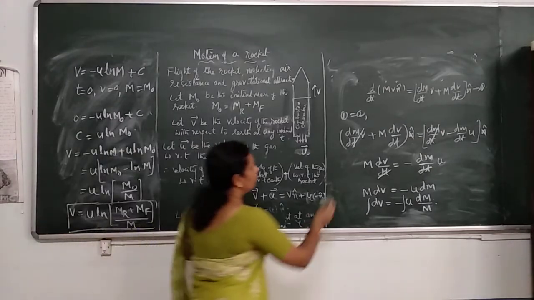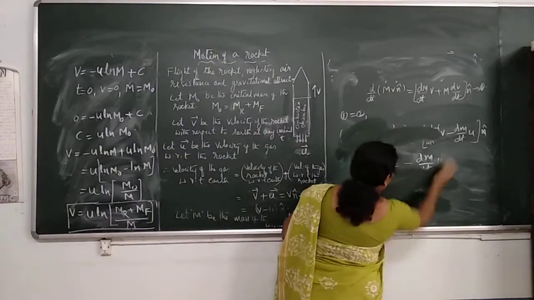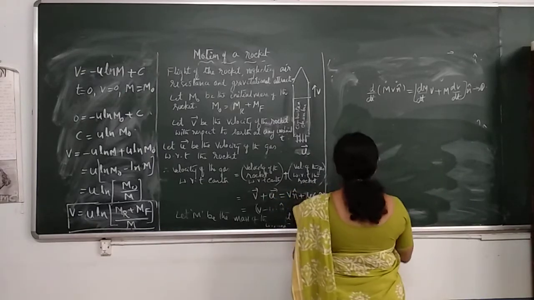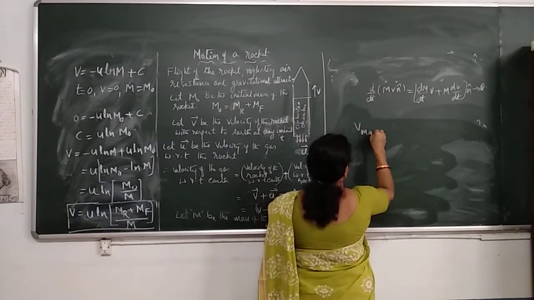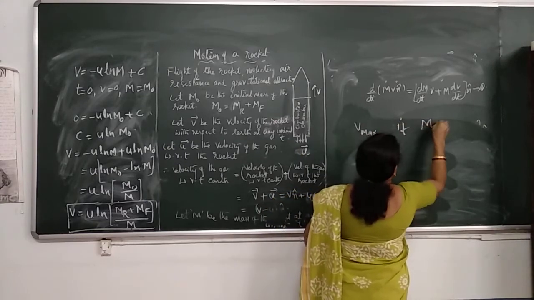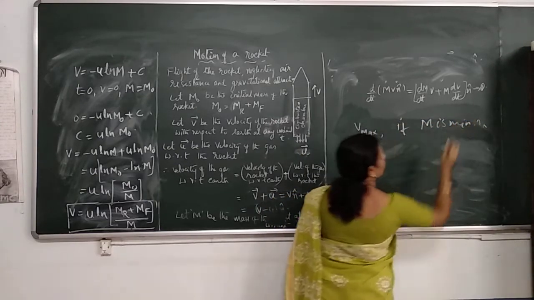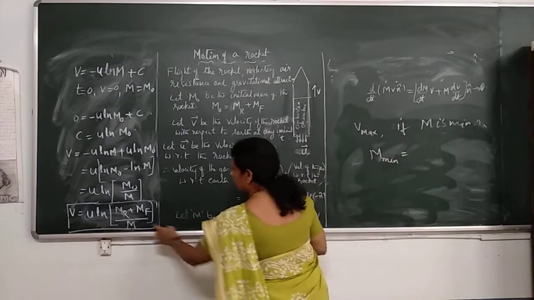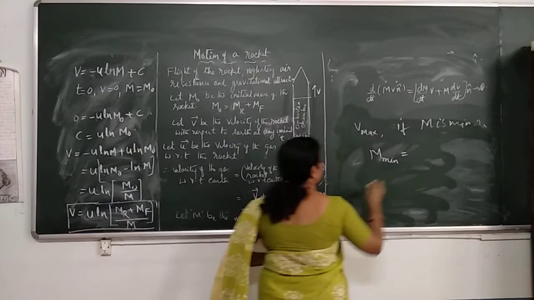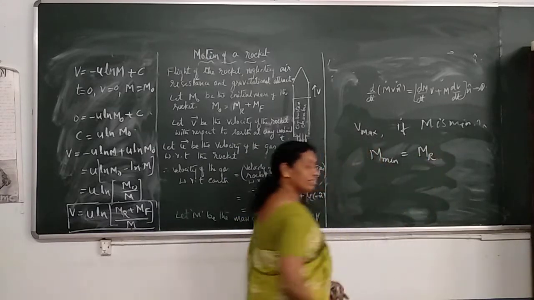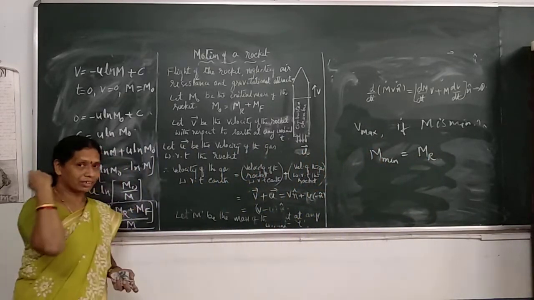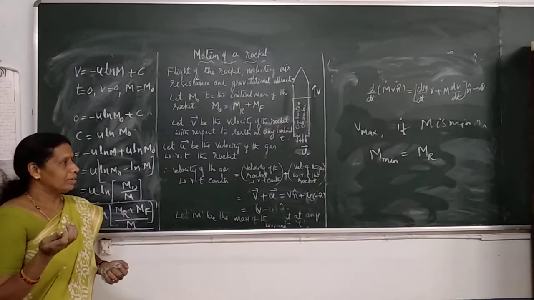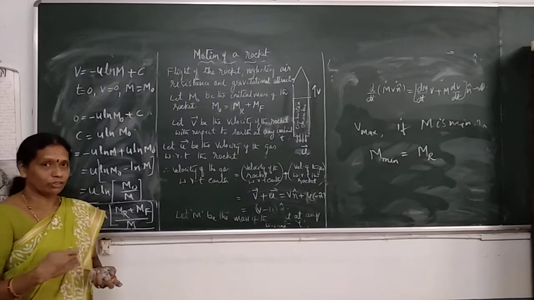Now, v is maximum if m is minimum. The minimum possible m is mr, because when the fuel is completely exhausted, the mass of the rocket is minimum, mr, and further reduction is not possible.